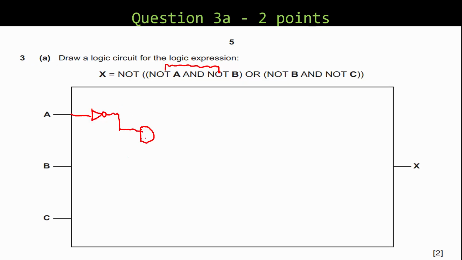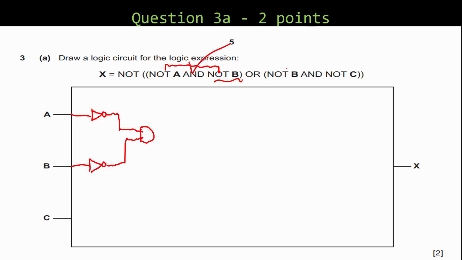I call it an AND gate because that's what it is. And it says not B. So I'm going to draw my triangle again and put this little open circle. That's an inverter, so what it does is it inverts the value of B. I'm going to draw my line. So that takes care of all this. That whole part is done.